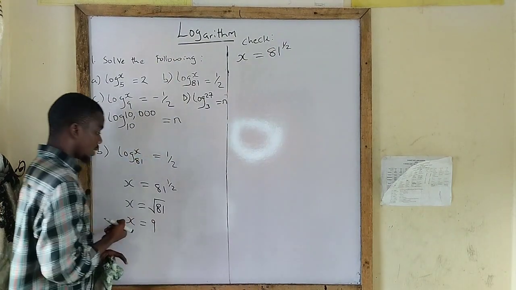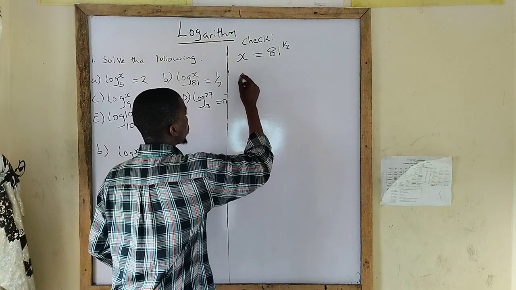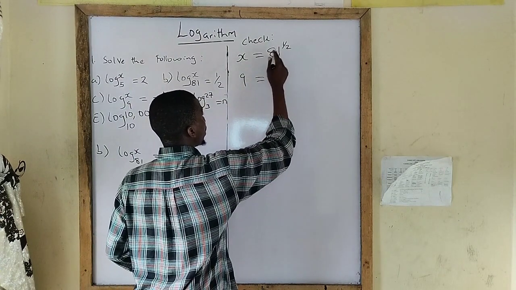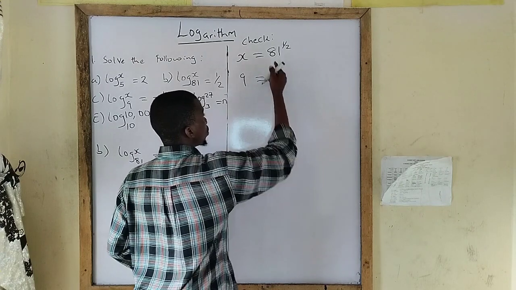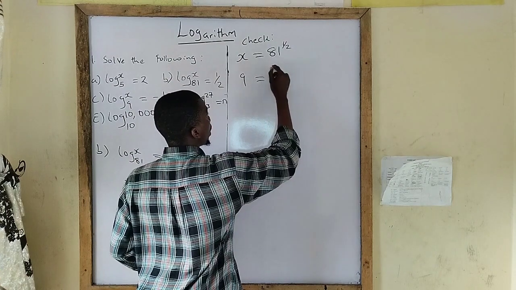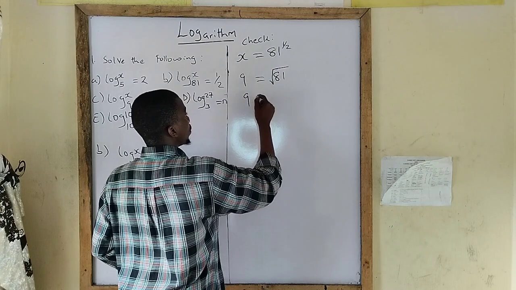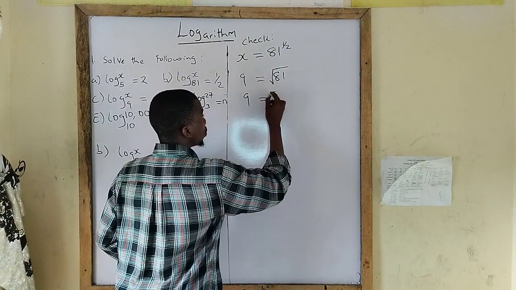Now we have here that our x is equal to 9, and we know that one half is square root. So 81 raised to the power of one half can be written as square root of 81, such that square root of 81 is equal to 9. So you can see that what is on the left hand side is equal to what is on the right hand side.